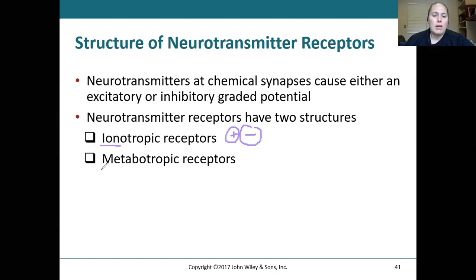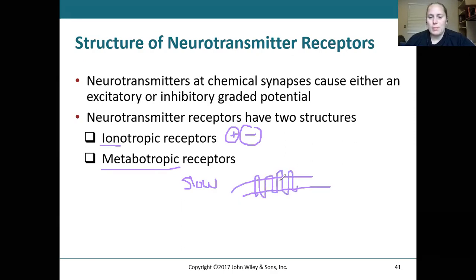And then you have metabotropic receptors. Metabotropic receptors are considered the slow receptors. I'm going to draw them in this way: this is the receptor, this is the plasma membrane, and they bind neurotransmitters up here on the outside. They have these little messenger systems attached to them called G proteins.